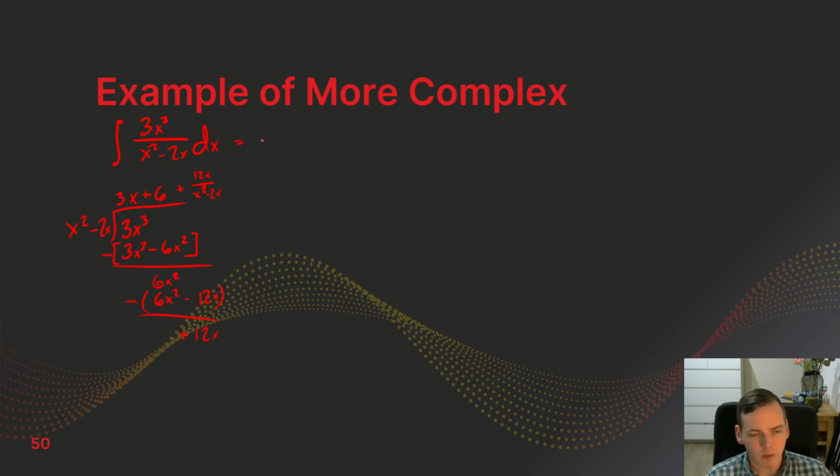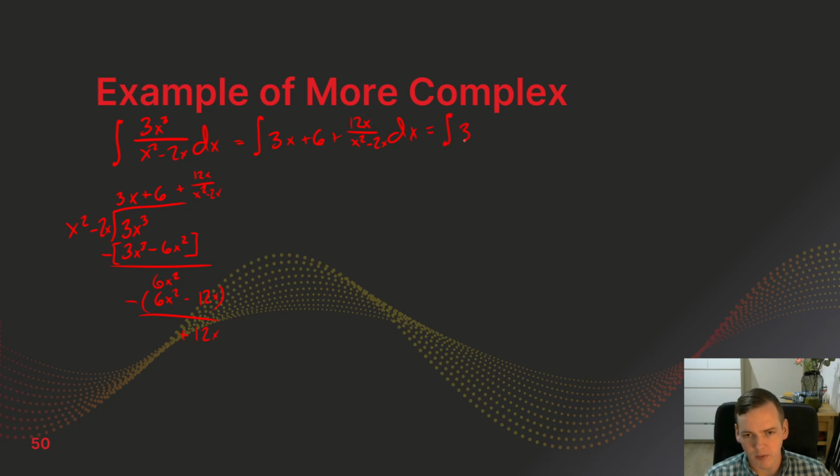So this can be rewritten as the integral of 3x plus 6 plus 12x over x squared minus 2x. Which then simplifies further because we can cancel an x out of all those terms.